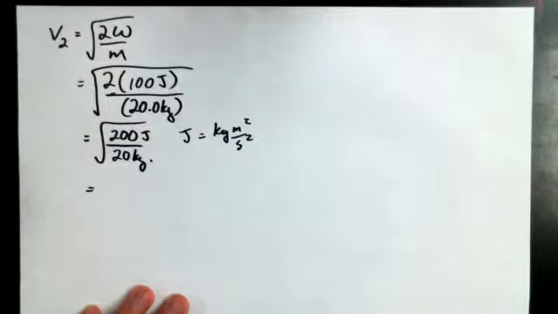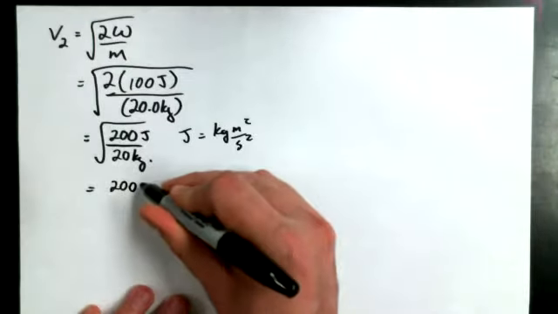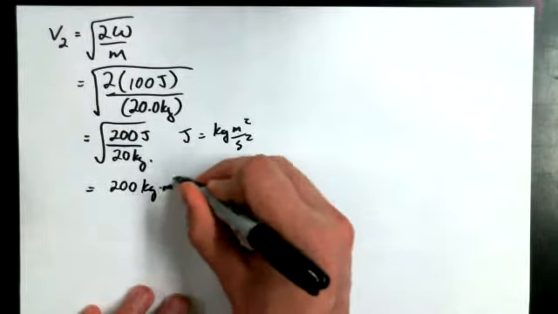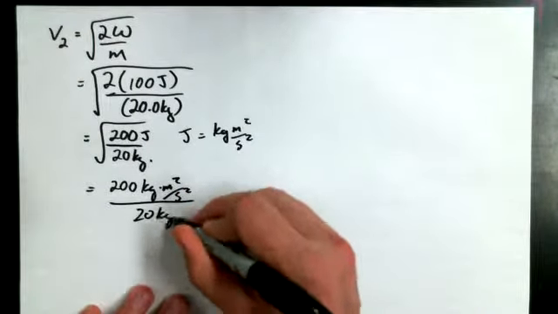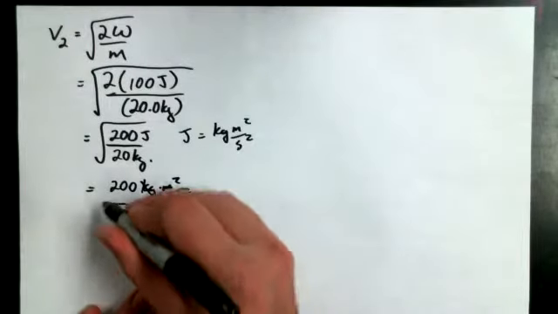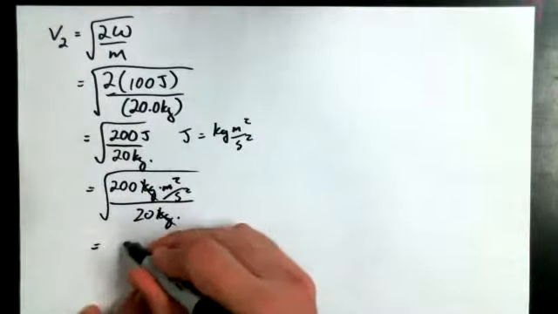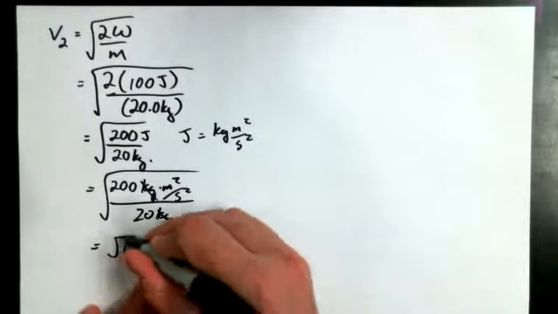We mentioned that last day. It's a derived unit, so we could say 200 kilogram meters squared per second squared all over 20 kilograms. Now the kilograms are going to cancel out. 200 divided by 20, not such a big deal, that's just 10. And it's 10 meters squared per second squared.